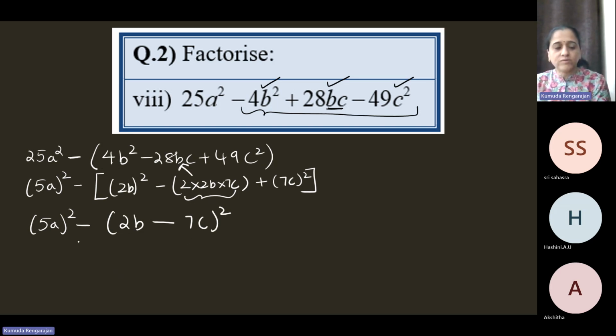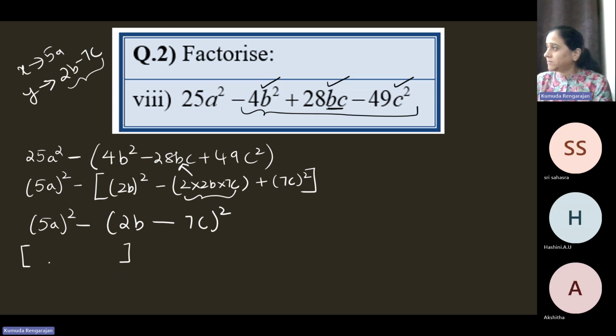Now this is further of the form x squared minus y squared, where x is 5a, y is 2b minus 7c. Now y itself has two terms, no? So we'll use a square bracket. This is for x plus y, and this is for x minus y.